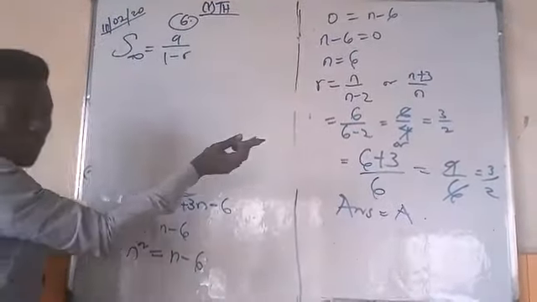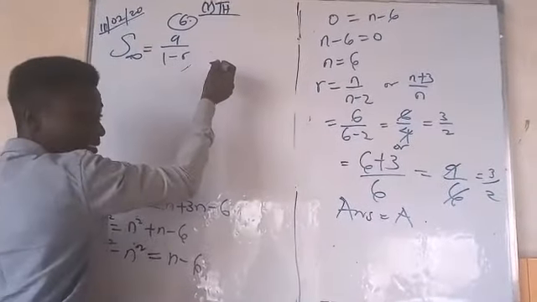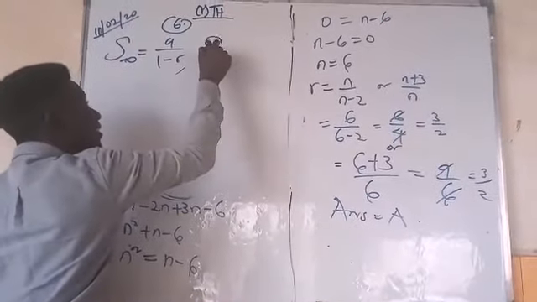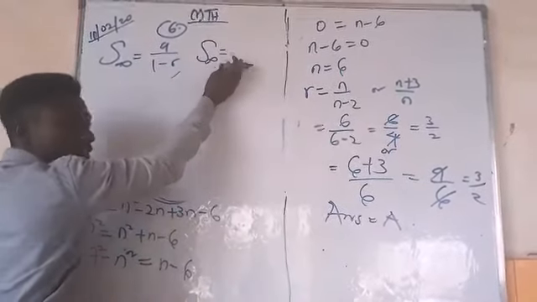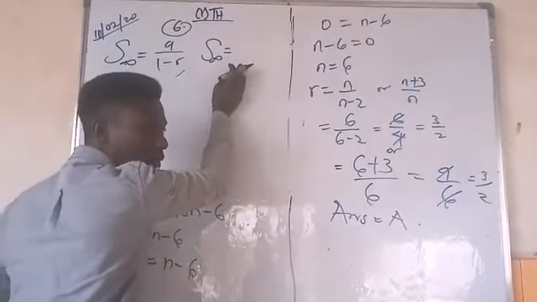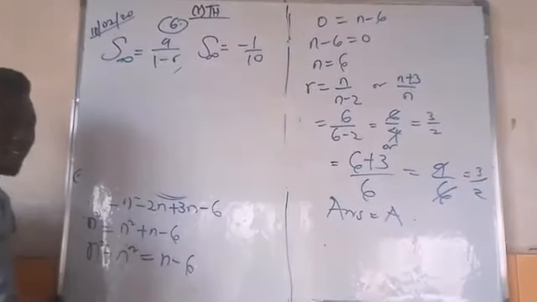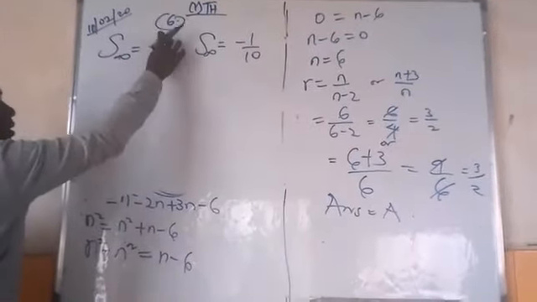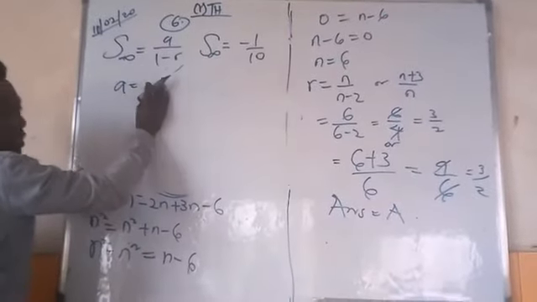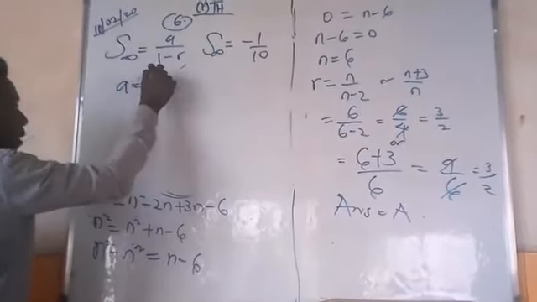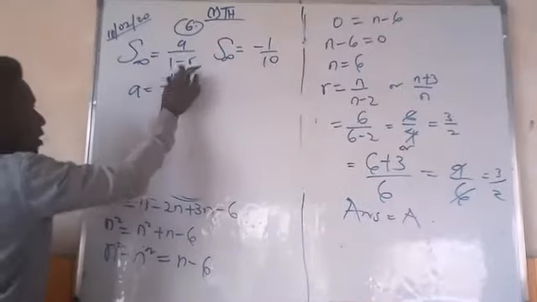Yes, what is the question? This is given, yes. And what? A has been given to what? Minus 1 over 8. And now say find what?